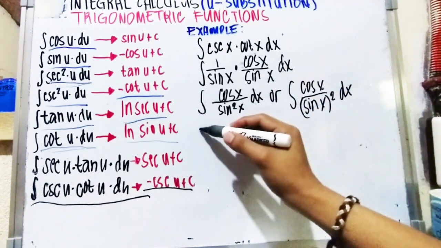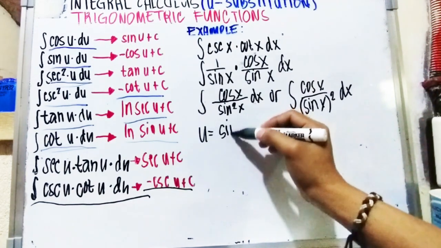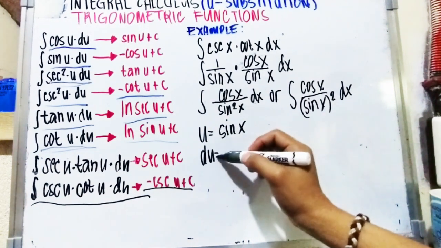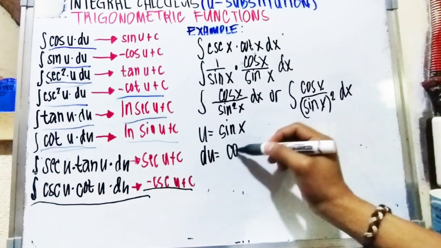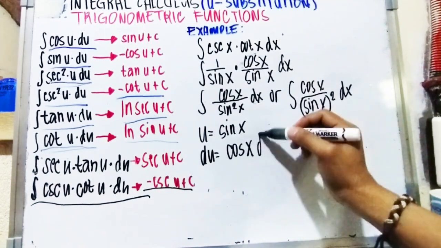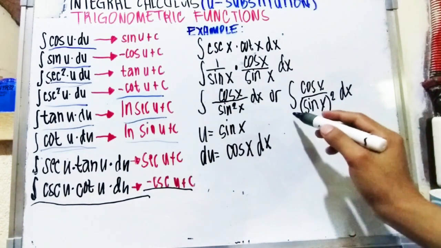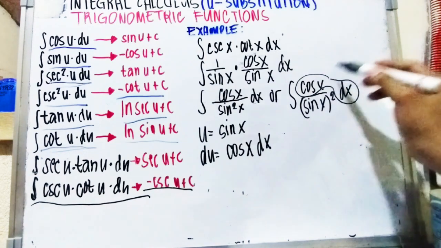Next, let us assign value for u. Let's say sine x. Then our du is derivative of sine x is cosine x dx. Notice that in our evaluated expression, meron tayong cosine x dx.